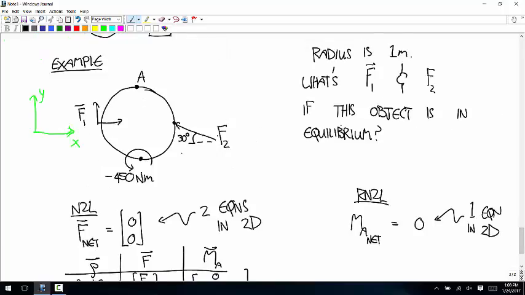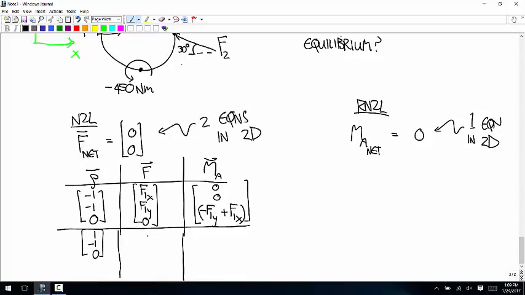That force vector is, so if you think of putting the tail of this vector at the origin, the angle from the positive x-axis is 180 minus 30. So cosine and sine of 150. And you get negative 0.866 F2, positive 0.5 F2, 0.